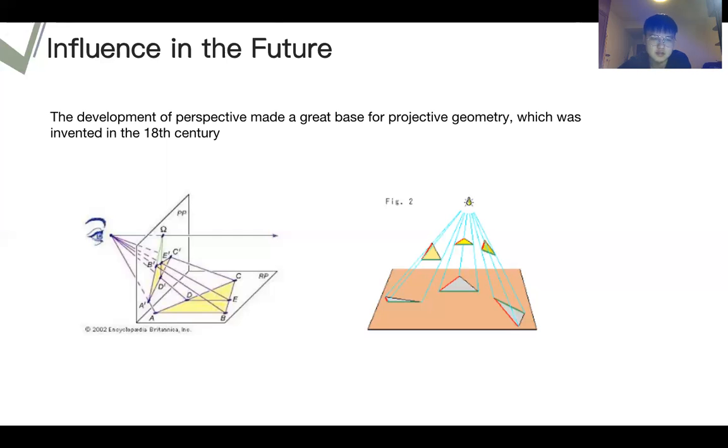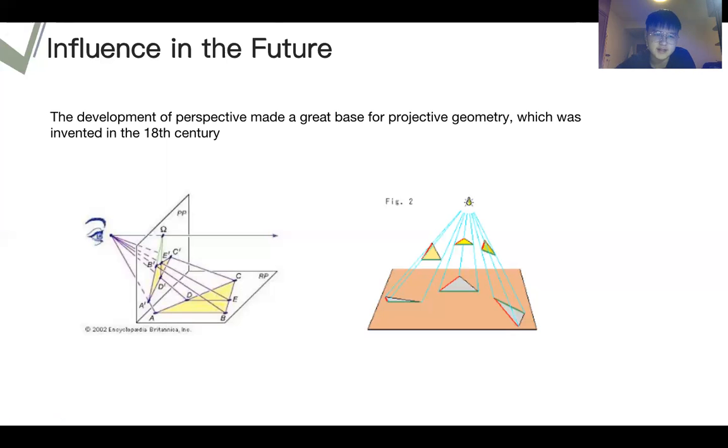How did we get those different triangles and how did we connect them? We just have those lines starting from the eye, and we end those lines at the same plane, and we line them up. Then we get a projective triangle.